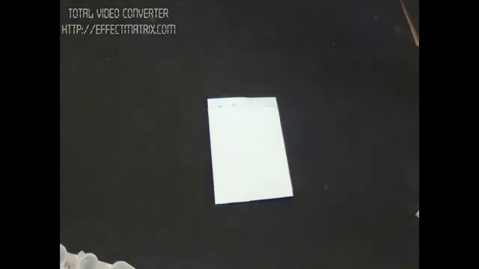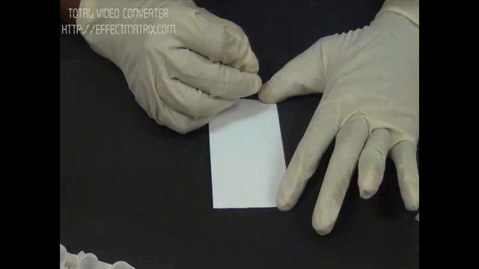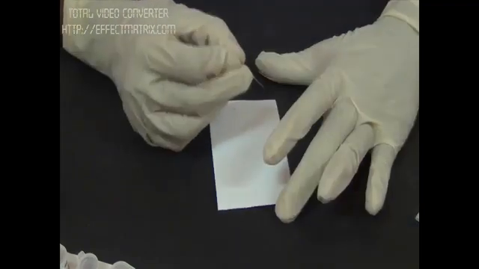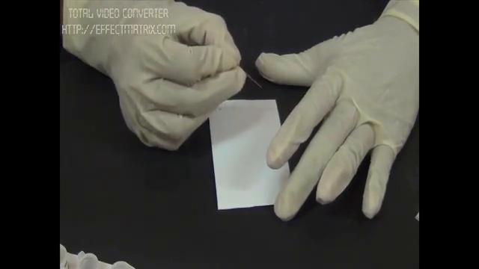For loading the sample, we'll use a capillary tube. We'll take an amino acid in the capillary tube and load it on the plate. We'll load all the 4 samples one by one.